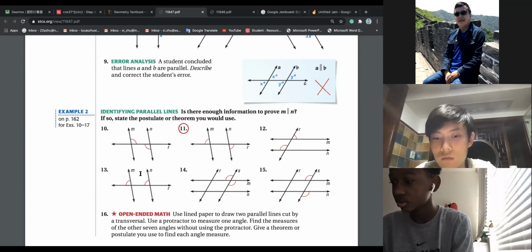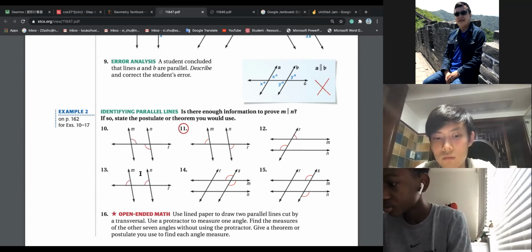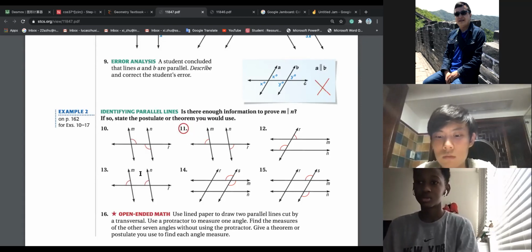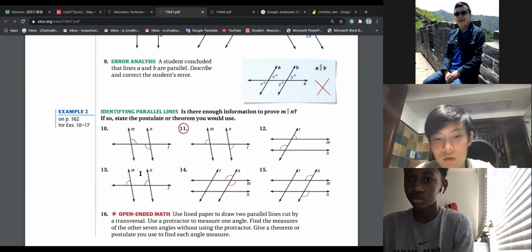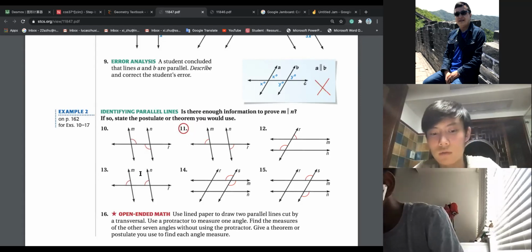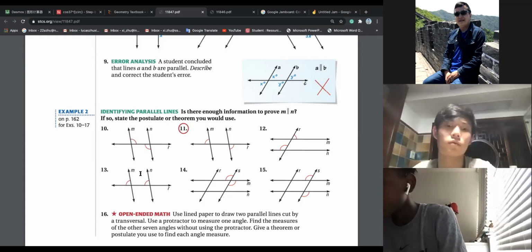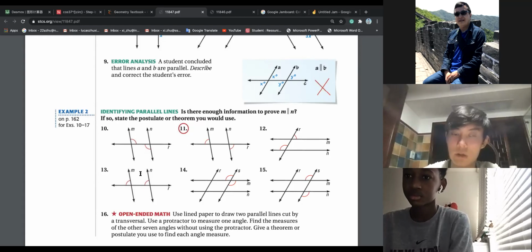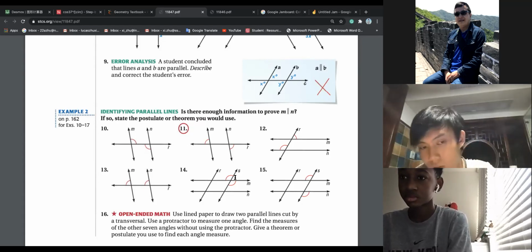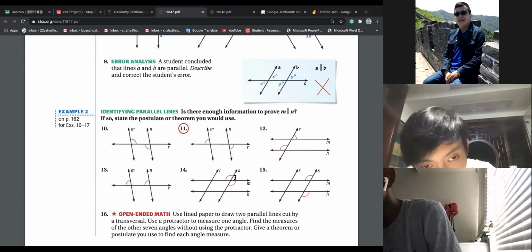No, that's, it should be the same. Oh, corresponding angles converse. Yup, it is. How about this one? Okay.